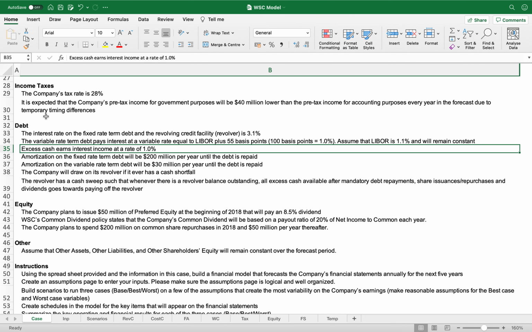Okay, this is revolver. Now you have another question, I know: what is the difference between a normal debt and a revolver? So the difference is that in your normal debt, your repayment schedule is fixed. Be very careful. I am not talking about the interest rate. I am talking about the repayments.